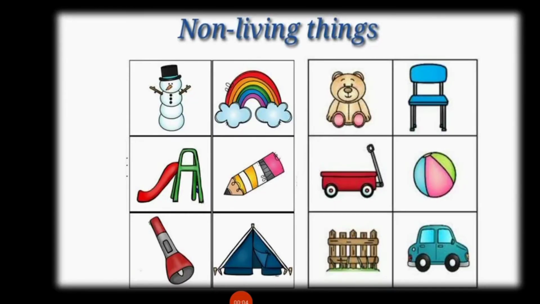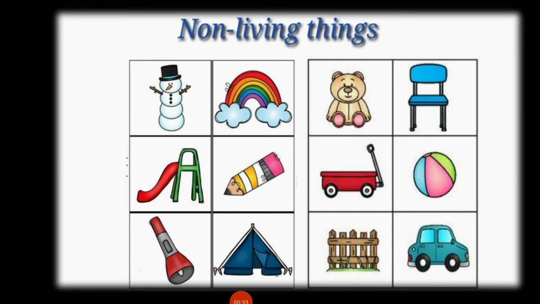Now, the next point is non-living things. Non-living things are not alive. They do not possess life. They do not have cells, and they do not grow or show locomotion or movement. They do not undergo metabolism process, means they do not show respiration process. They do not reproduce. Non-living things do not have a fixed lifespan.